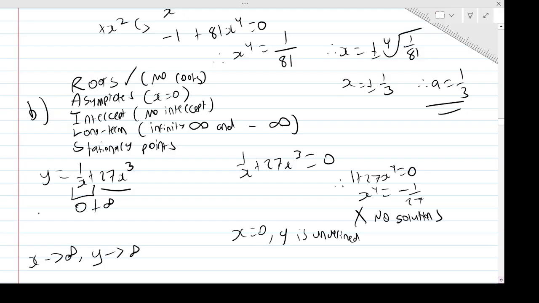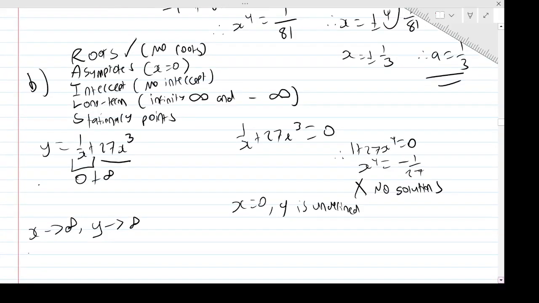Now, we're also going to consider x going to negative infinity. It's a similar argument. When x goes to minus infinity, we're again dividing one by a negative number, so this goes to 0 as well. And then x cubed, if x is negative, x cubed is negative, because a negative times a negative times a negative would be negative.